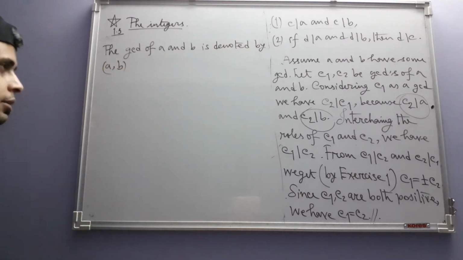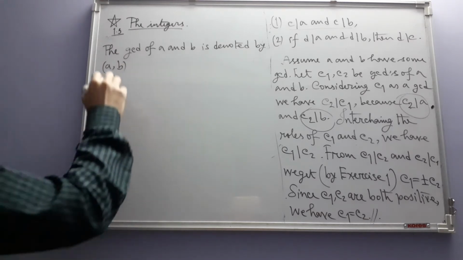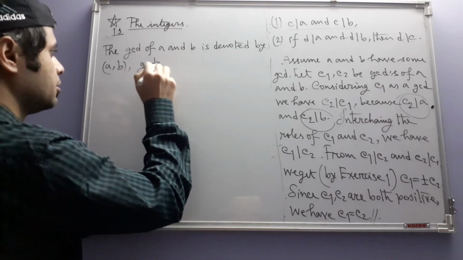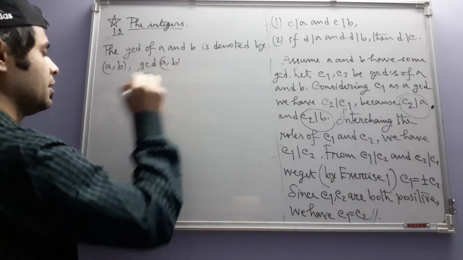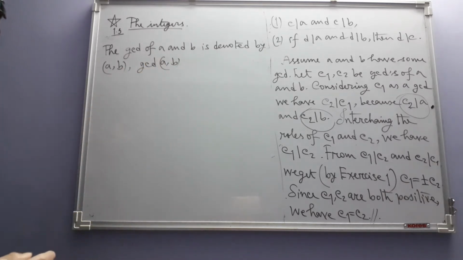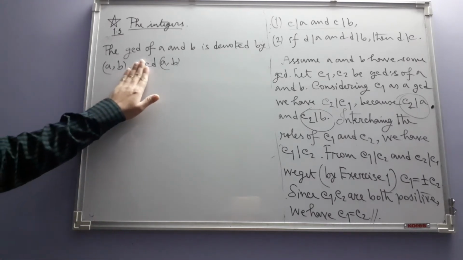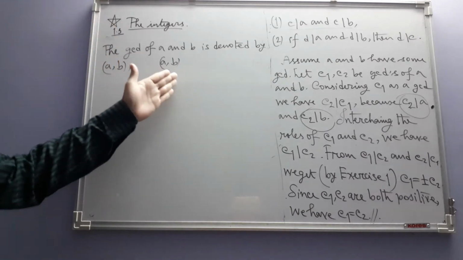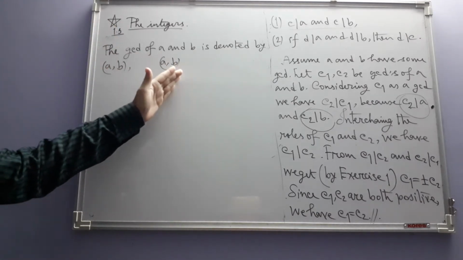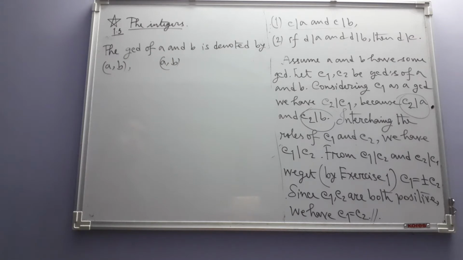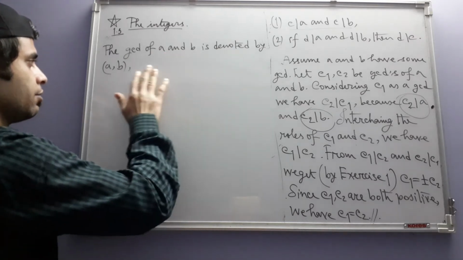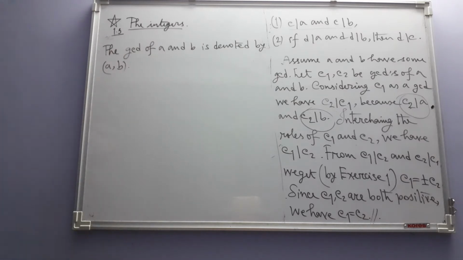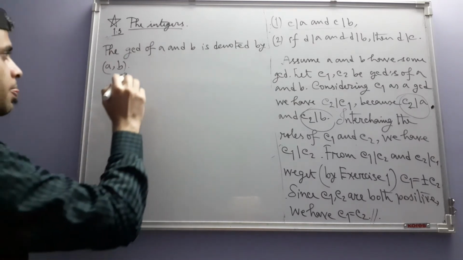It looks strange because in most parts of the literature it's written like this, GCD of A and B. But Herstein has decided to not write GCD, and by this ordered pair he wants to mean GCD of A and B. Okay, now having devised the notation, let us now look at some other things.